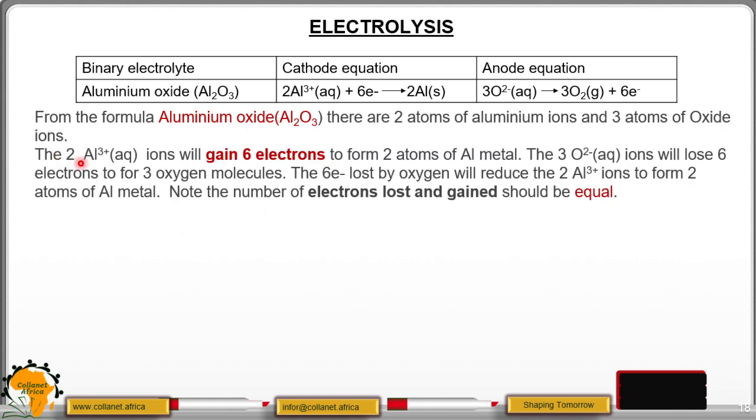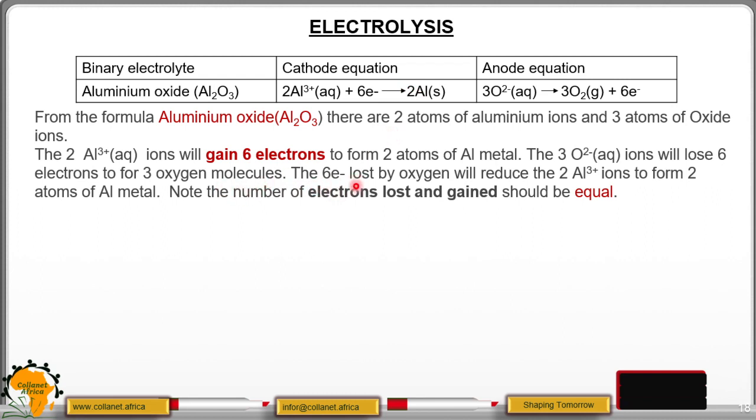Therefore, the two aluminium ions will gain 6 electrons to form 2 atoms of aluminium metal. Why? Because each will gain 3, so a total of 6 electrons.